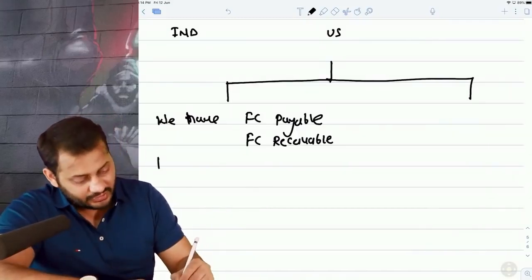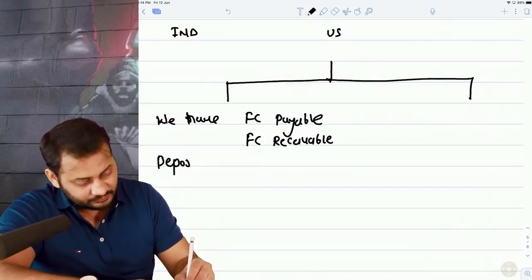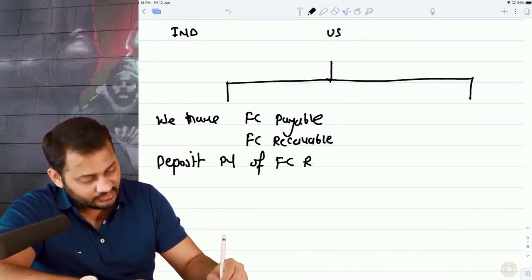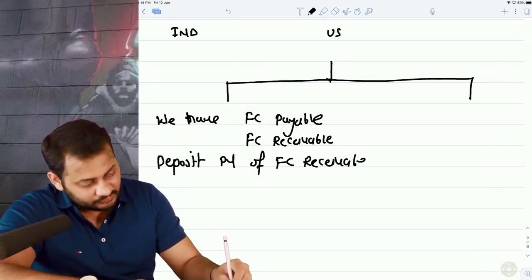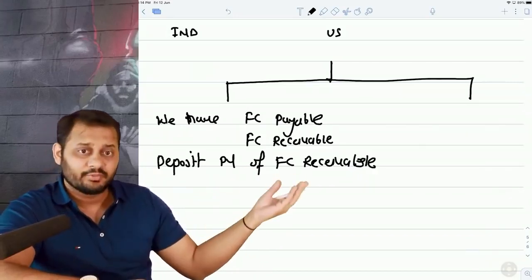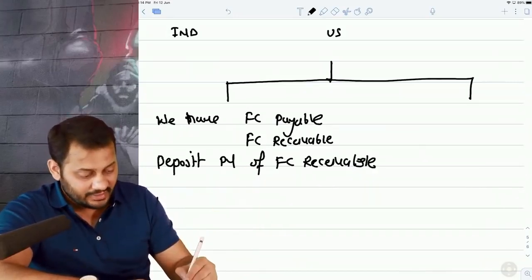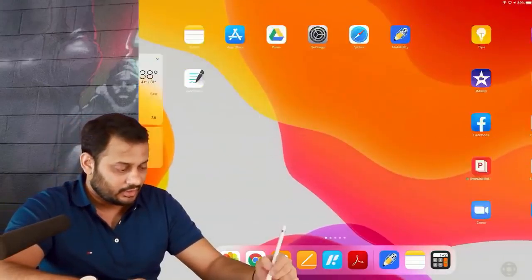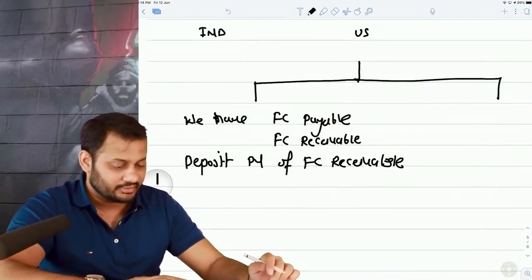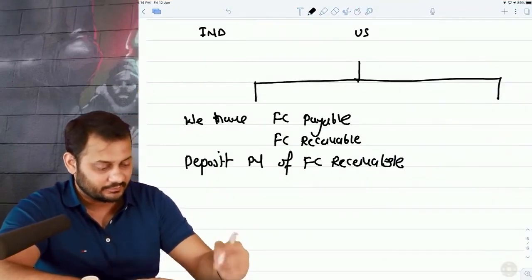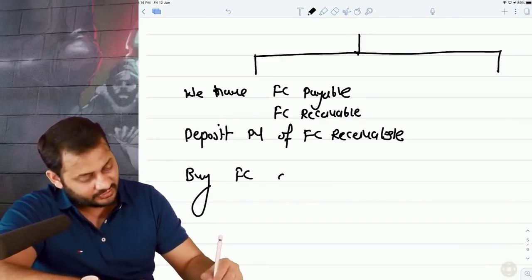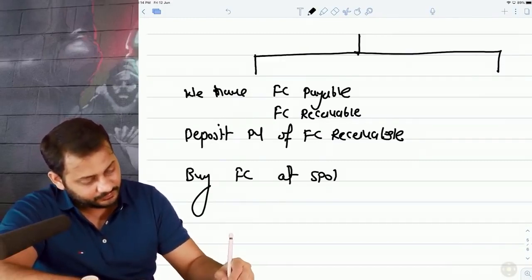So we used to calculate the deposit, the present value of foreign currency receivable. In order to deposit that, first we used to buy this foreign currency, because we are in our own country. How are we going to deposit foreign currency in some other country? So buy foreign currency at spot.